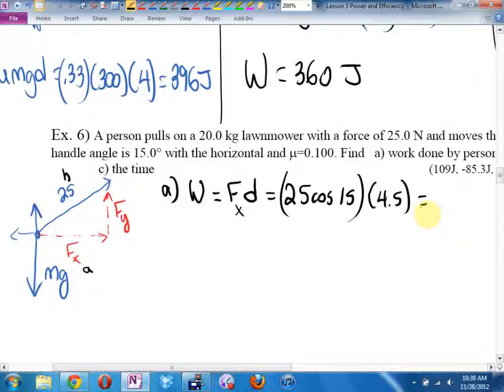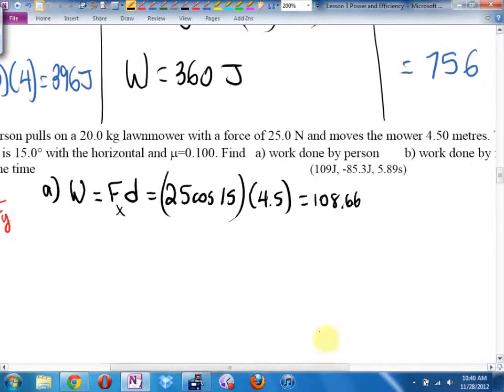How much work was done by the person, not on the object, but by the person? What do you get? I think you get like a 108.66 or something like that. Okay. 108.66, which to 2 or 3 sig figs is 109 joules.